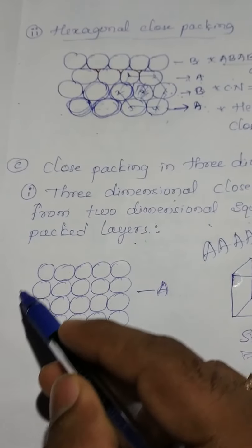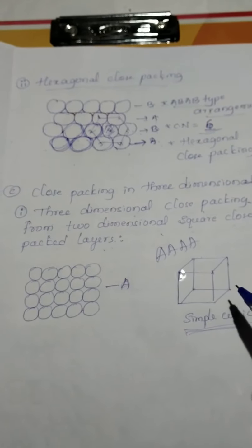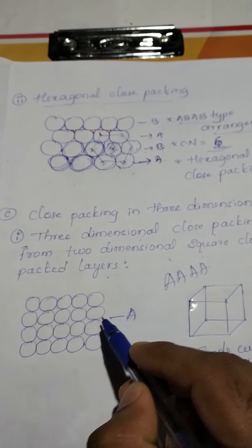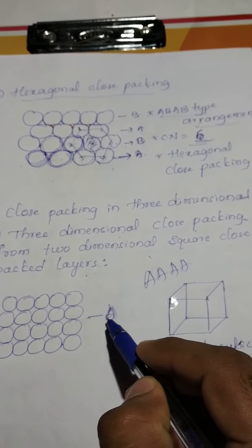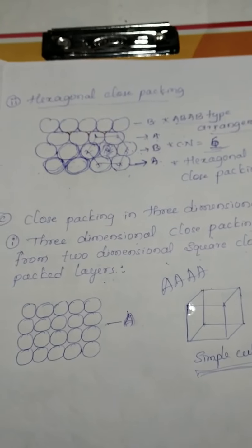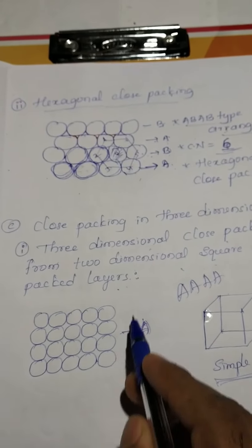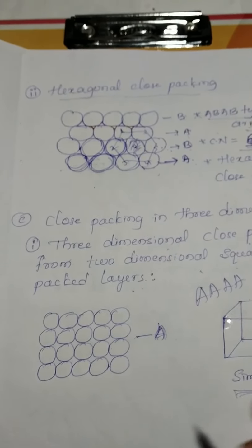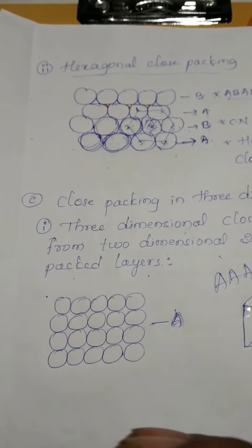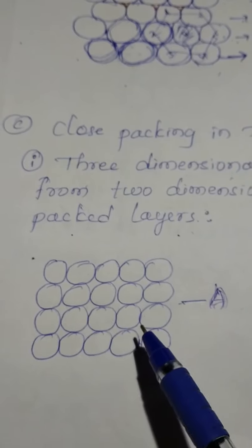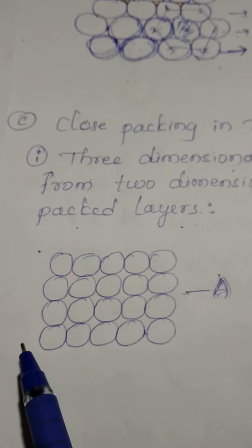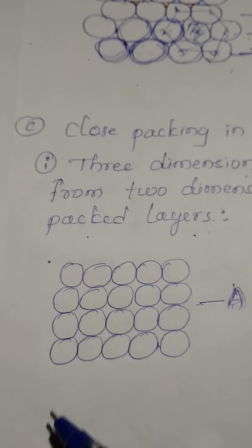See here, this is a two-dimensional square close packed layer. Let's just call it A type. This layer is called A type layer. Just place a similar layer over this first layer, and the spheres of the second layer as well as the spheres of the first layer are exactly aligned horizontally as well as vertically.